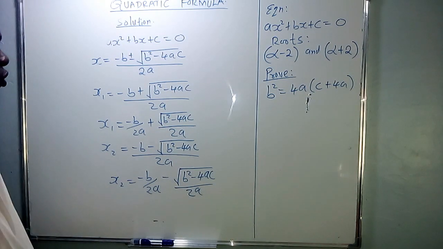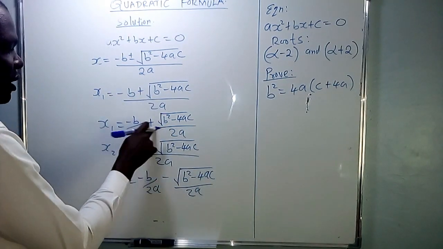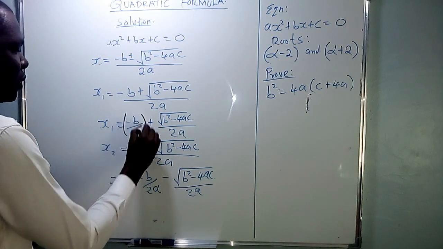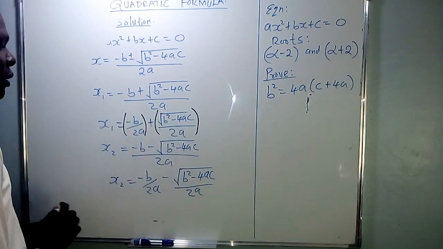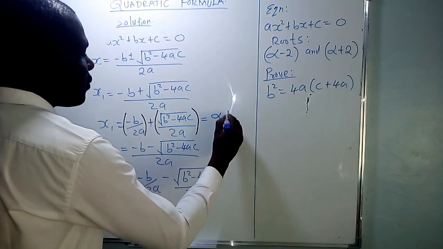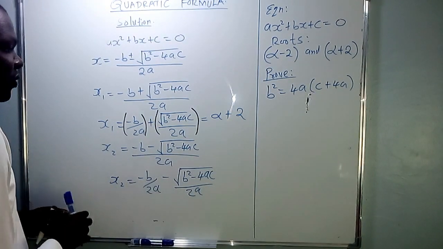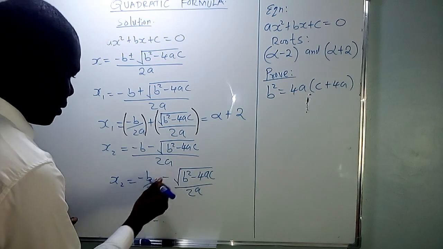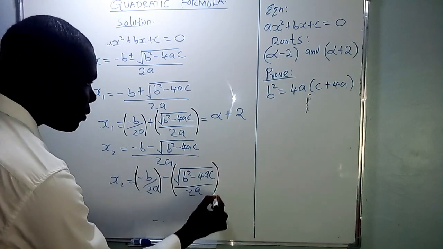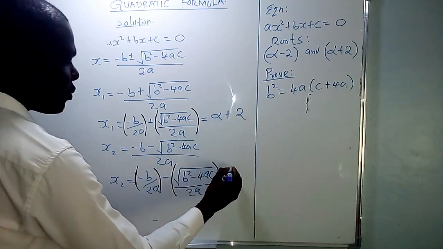The first root, x1, is minus b over 2a plus square root of b squared minus 4ac over 2a, which must be equivalent to alpha plus 2, because this root has a positive sign in the middle. Are you seeing that? Then the other root, x2, which is minus b over 2a minus square root of b squared minus 4ac over 2a, is equivalent to alpha minus 2.